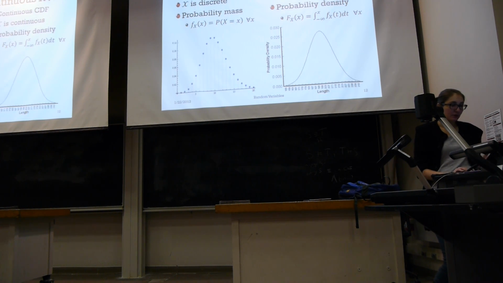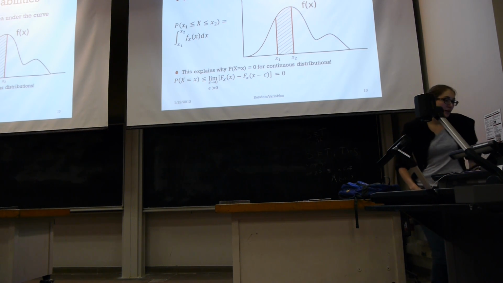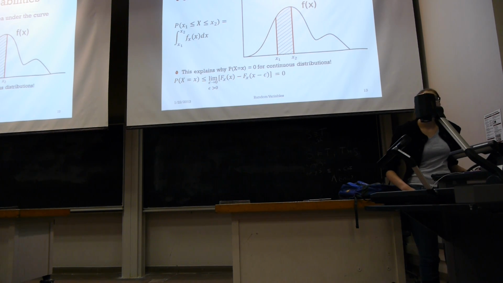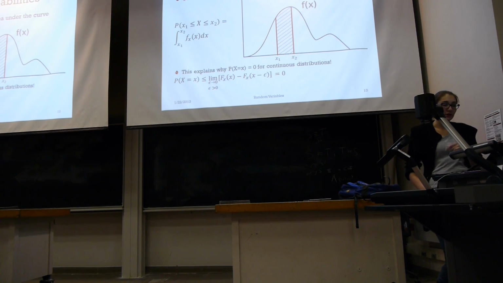But it's clear for both PMFs and PDFs that they have to integrate or sum to 1 over the sample space. Now, it's sometimes useful to compute interval probabilities, and the way you do it is you integrate the area under the curve for a continuous distribution.